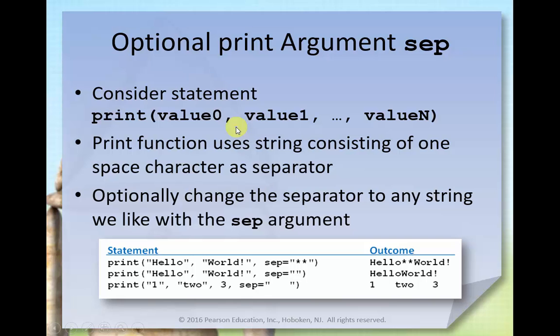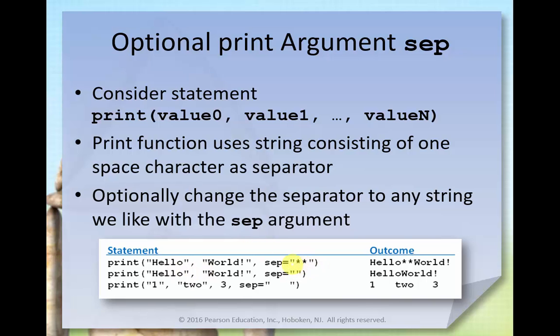And the standard separator here is a space character when you use the comma to separate your values. We introduce a new little argument we can use with a print statement here called the separator argument. We can actually specify how we want those elements put out, with what kind of an argument we want between them.